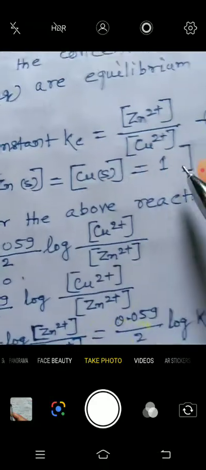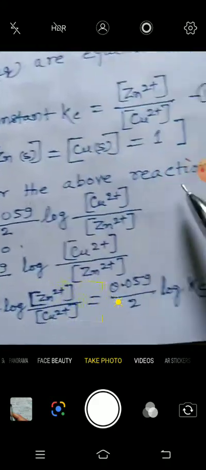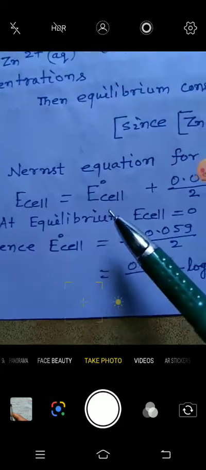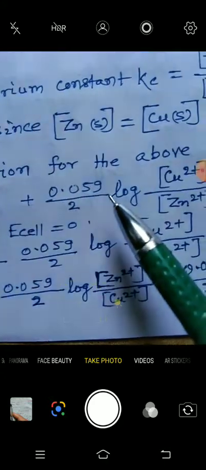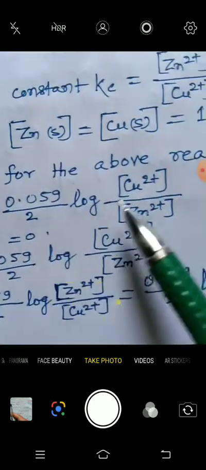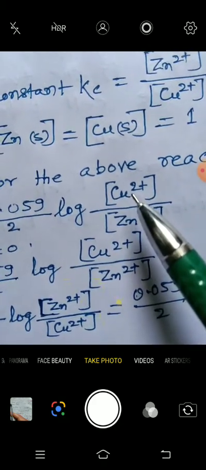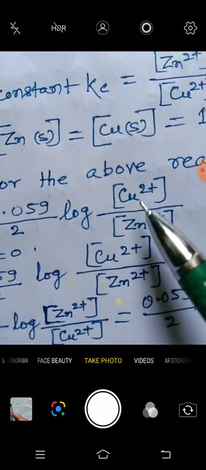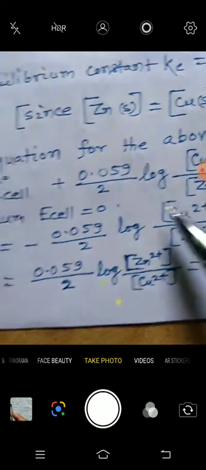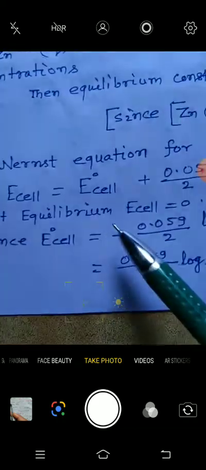Then the equilibrium constant Kc will be equal to this. See here, the Nernst equation for the above reaction: E cell is equal to E naught cell plus 0.059 by 2 log of the concentration of copper ion by the concentration of zinc ion at equilibrium.